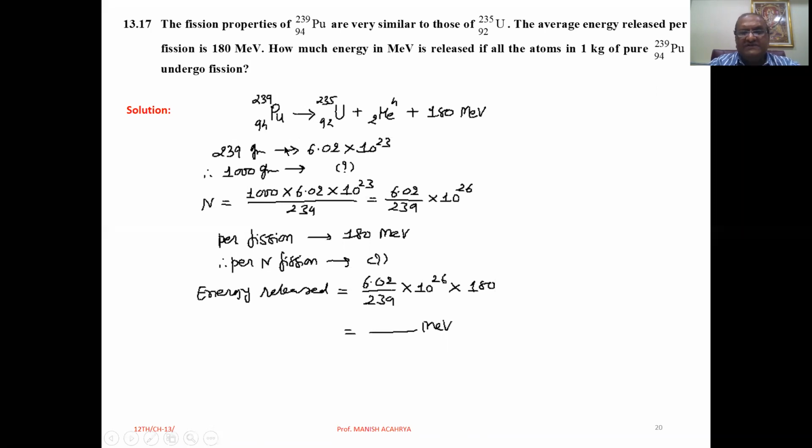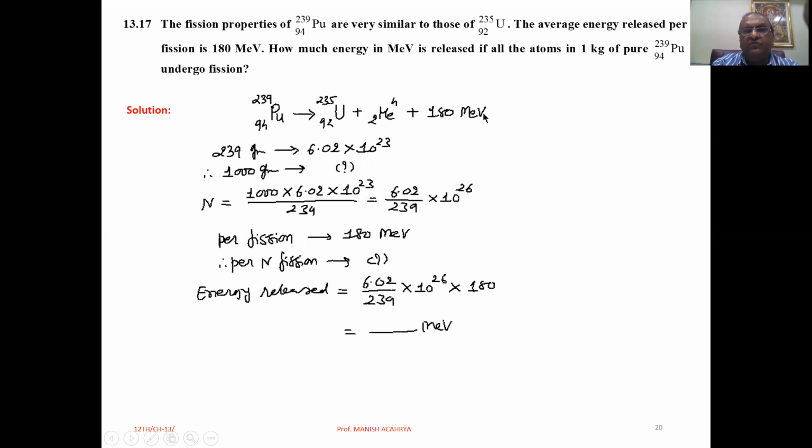Now see the process. 94Pu239 gives 92U235, so alpha decay, 2He4 plus 180 MeV energy.